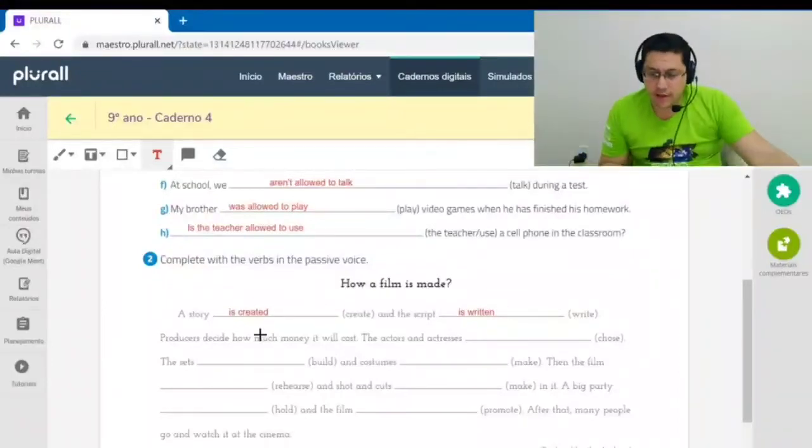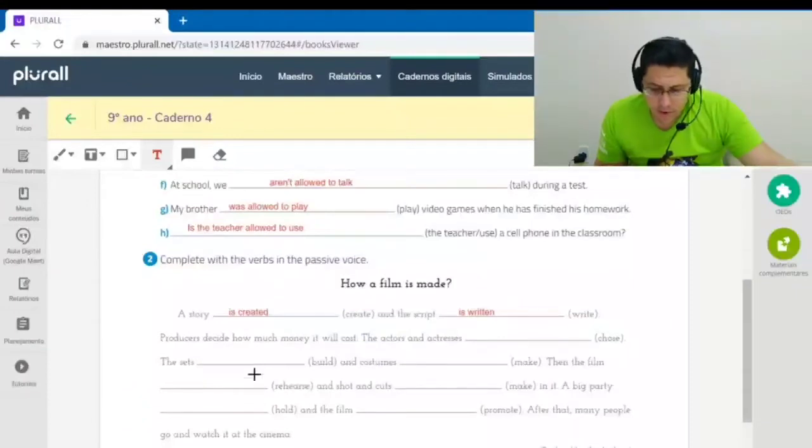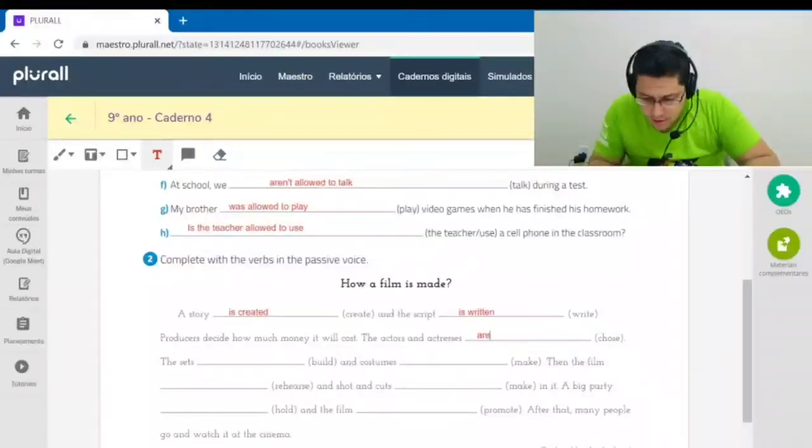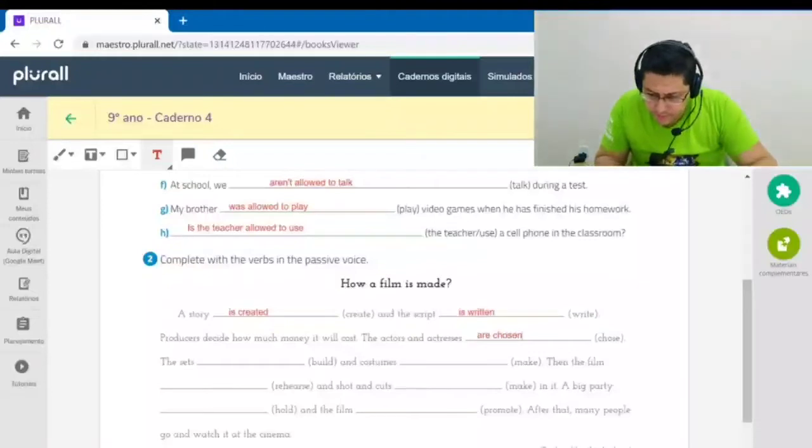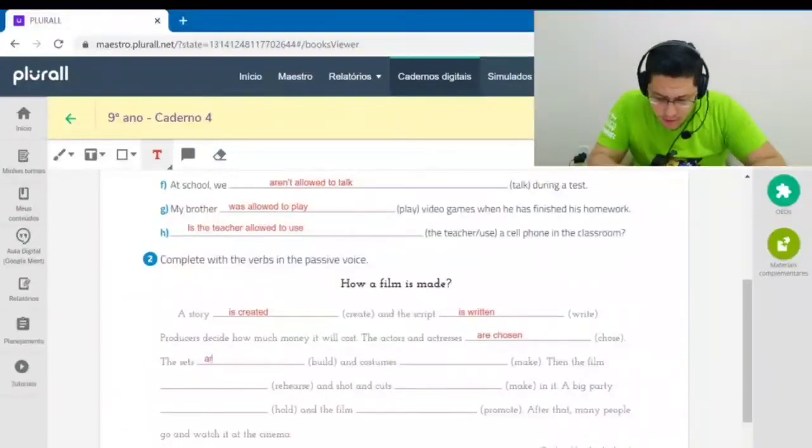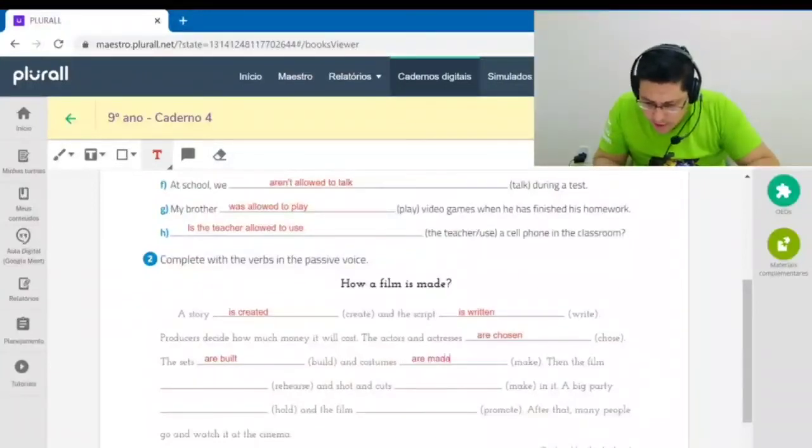Written é verbo irregular, né? Producers decide how much money it will cost. The actors and actresses are chosen. The sets are built and costumes are made.